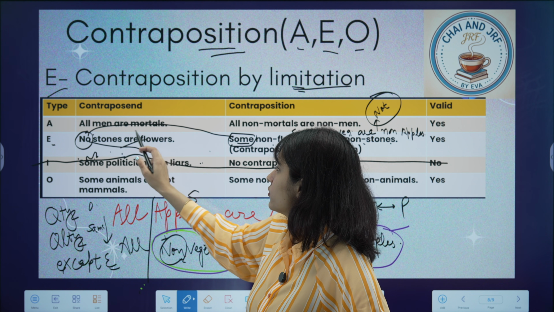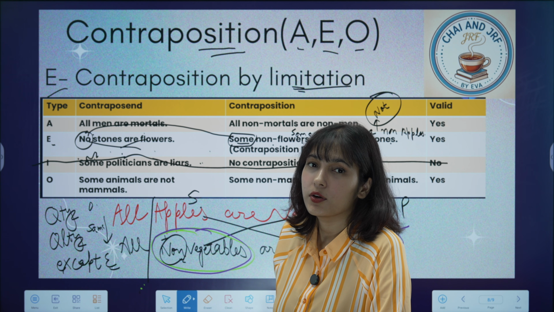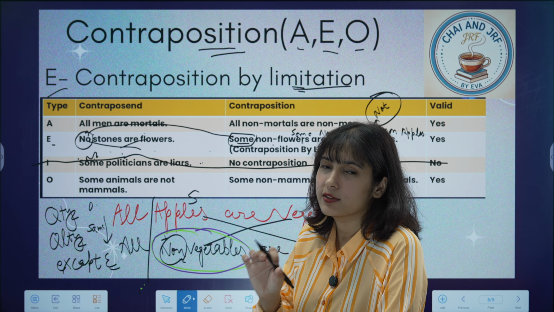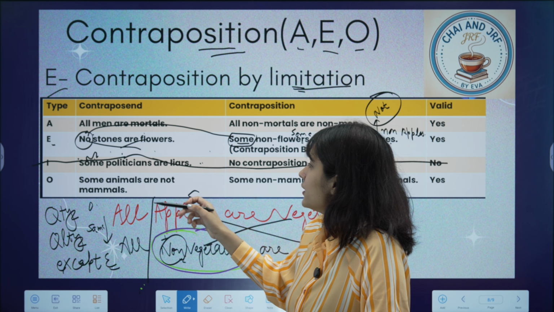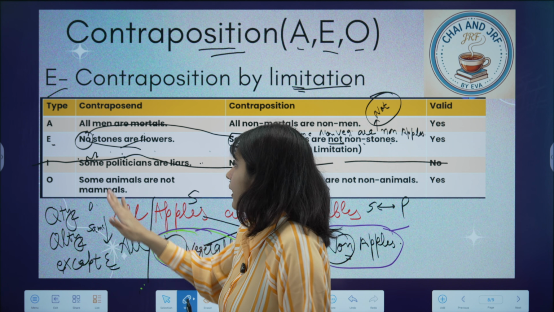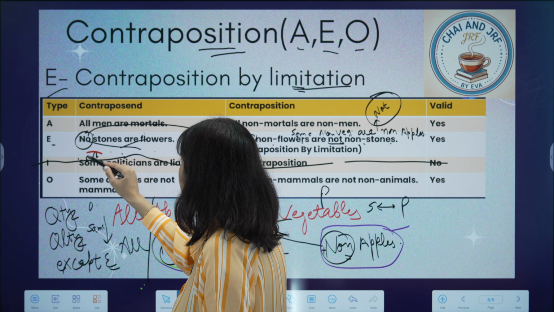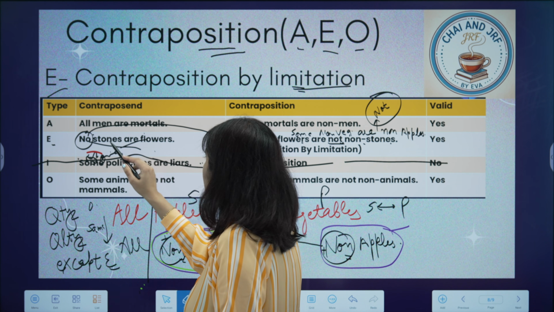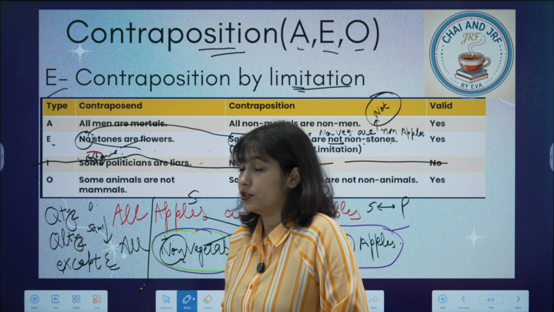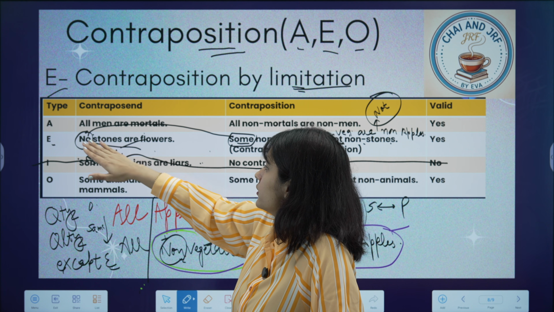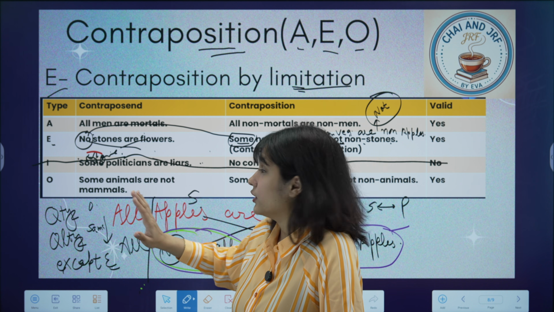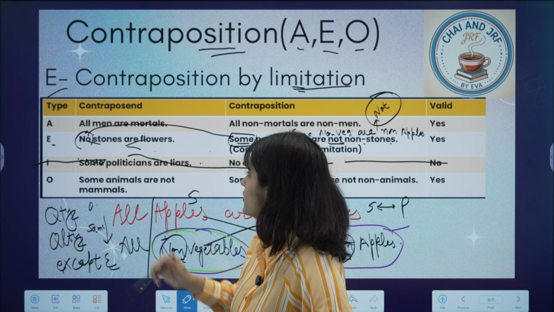Because no is distributing both of them, so we cannot do that. We have to generate a certain relationship between the subject and predicate. That's why we are saying that at least some non-flowers are not non-stones. That's how we can say that no stones are flowers, so there exists no relation between these.